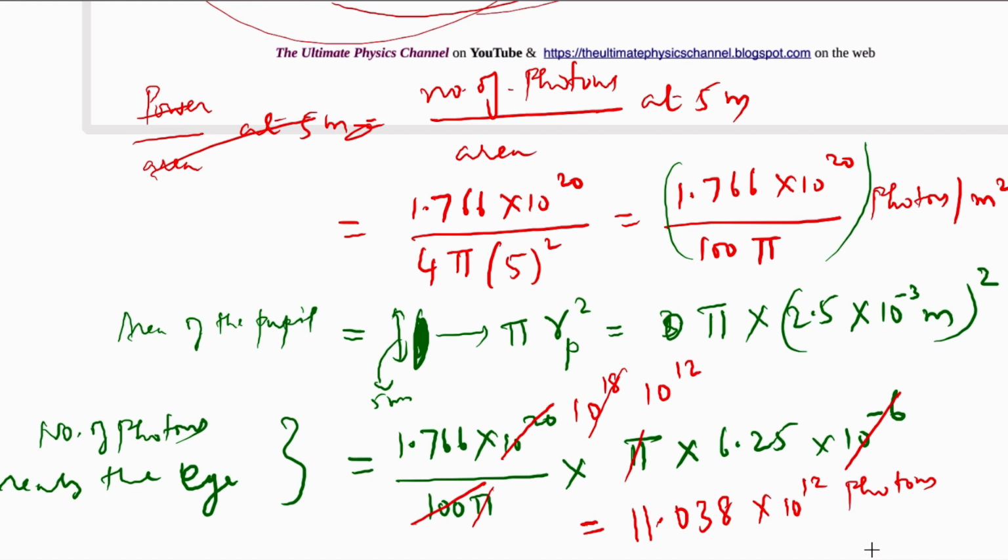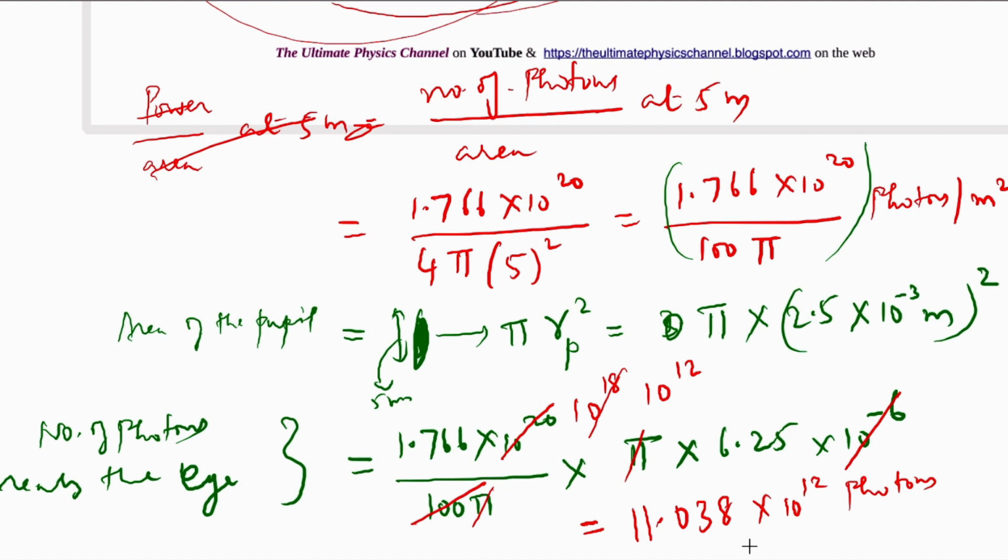That is the number of photons that are reaching the eye. Have we missed out anything? Right, so this is the number.